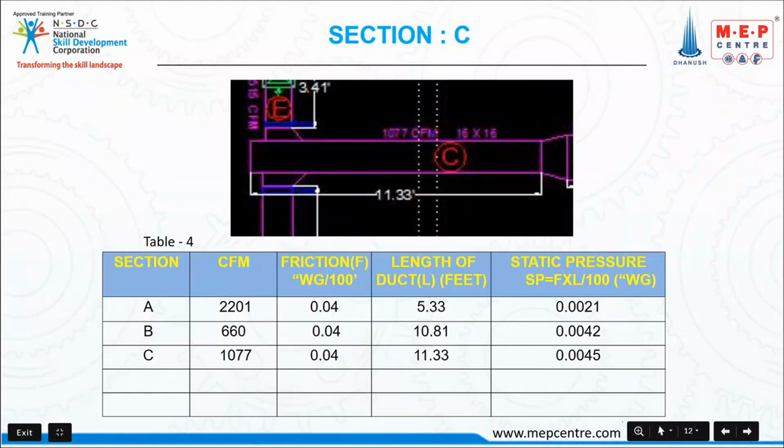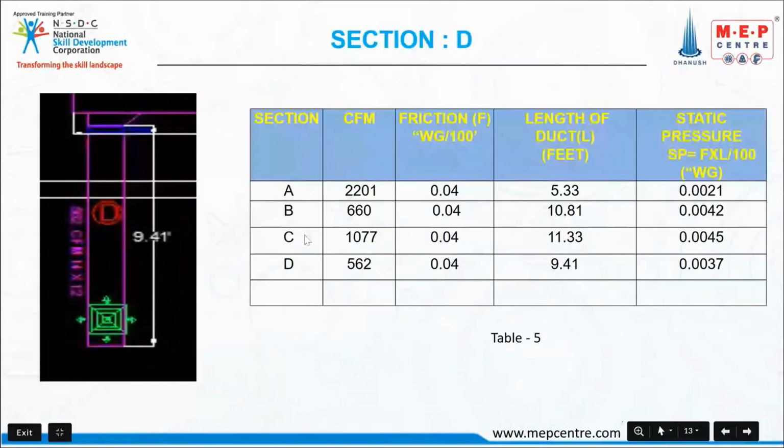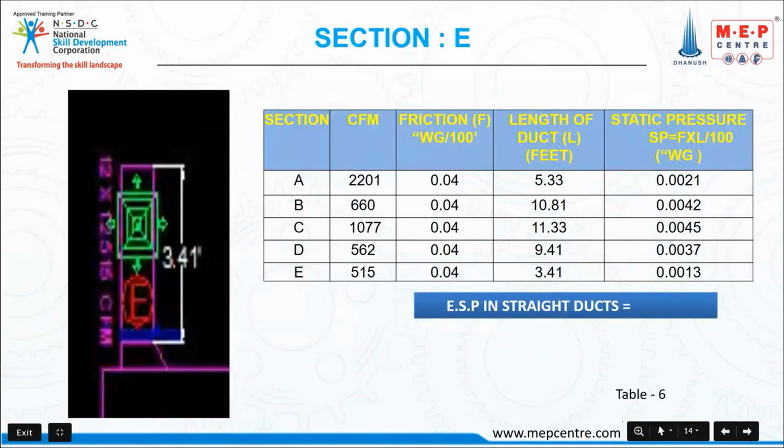Section C, 0.04, length 11.33 feet, and I multiply both values. Section D, 9.41 is the length, 0.04. I calculate the value. So after calculating all the values, we'll get the external static pressure value of the straight duct.